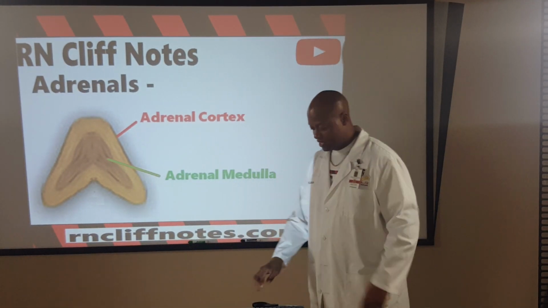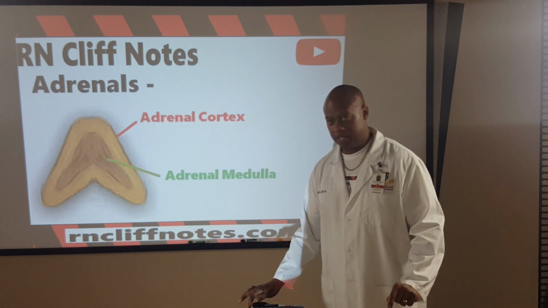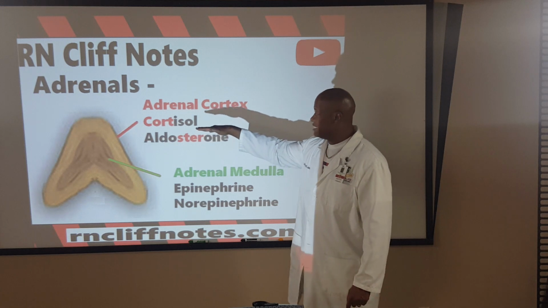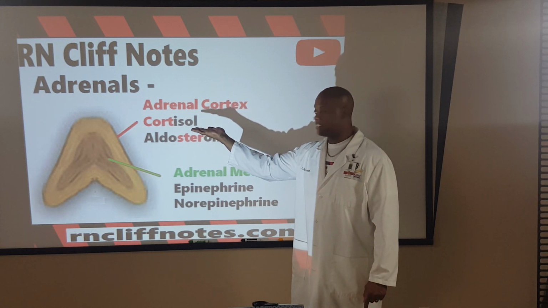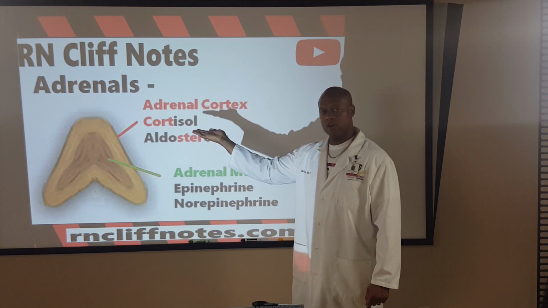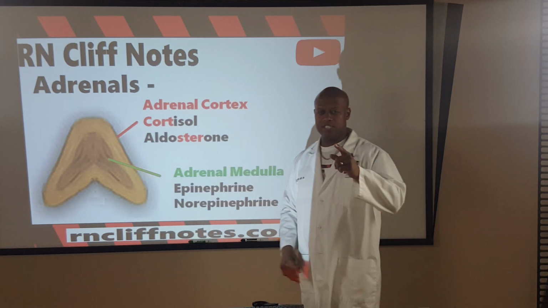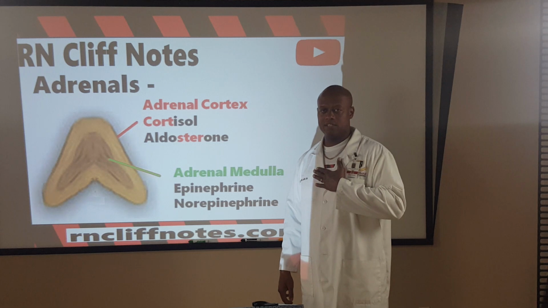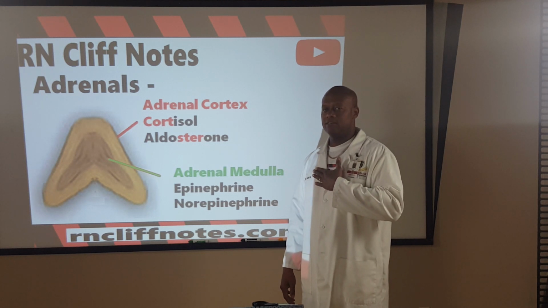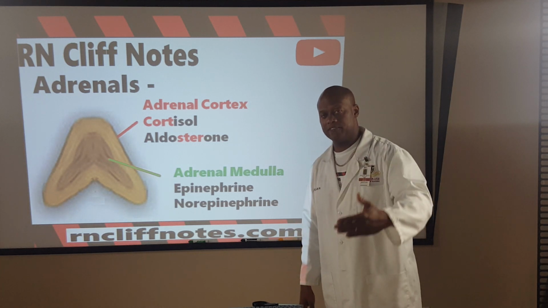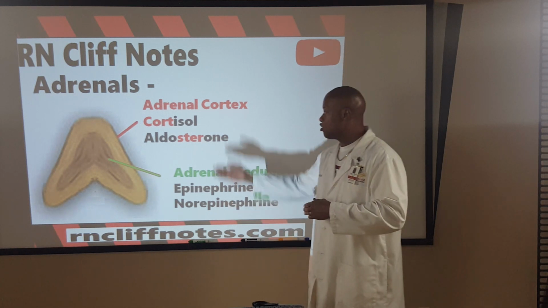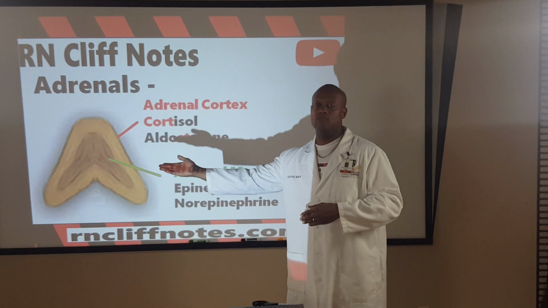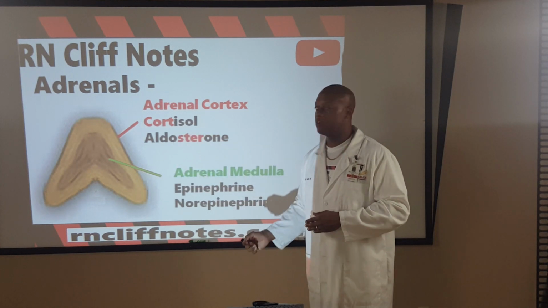Okie dokie. Now, going a little deeper. So the adrenal cortex, now we want to emphasize that cort. Just like you're used to seeing in medications, right? Your body produces these things naturally, but they're man-made or synthetic versions of these things. So cort, right? You're used to seeing cortisone that you can buy from the store, right?